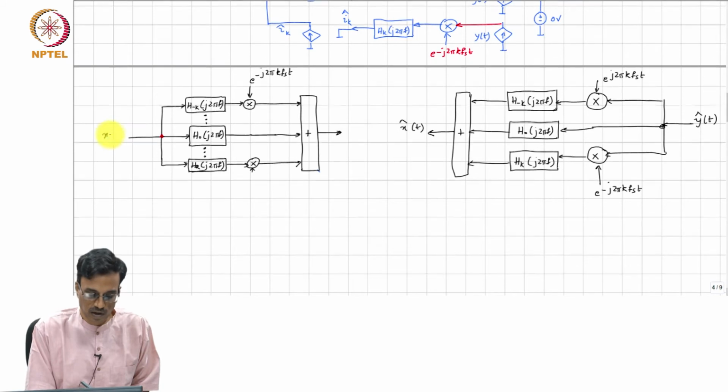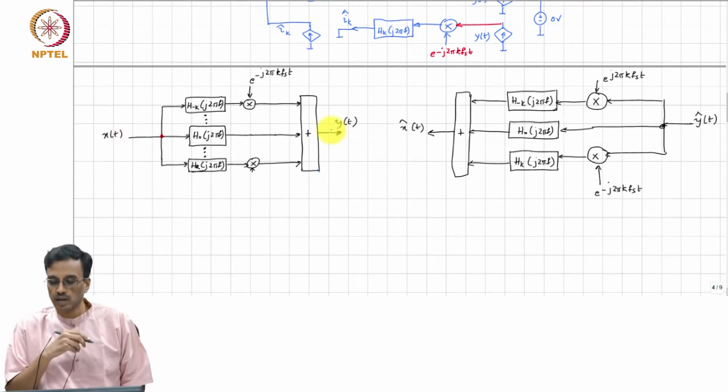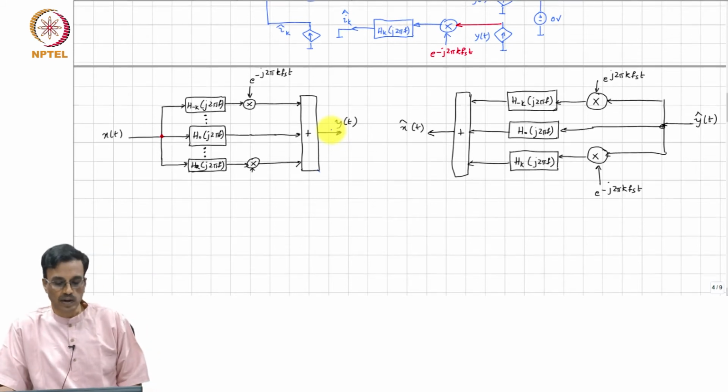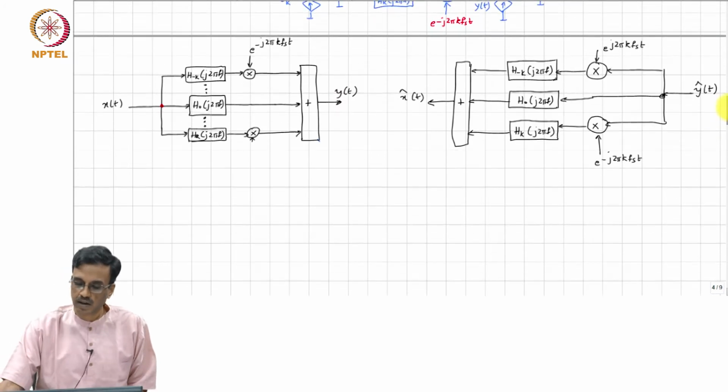This was x of t and this is y of t. This is the adjoint signal flow graph on the right. So, what conclusions can we draw from this?